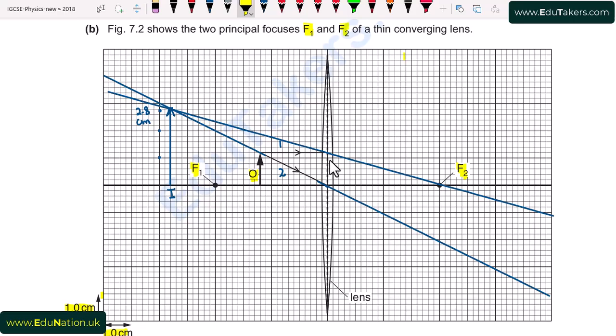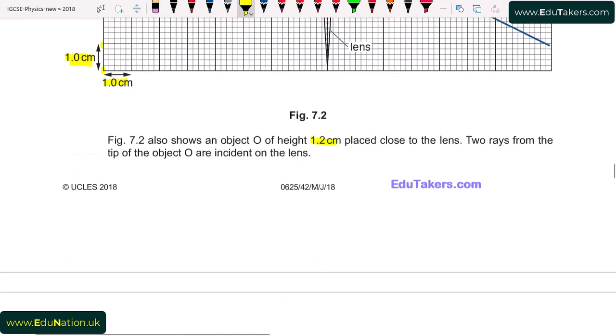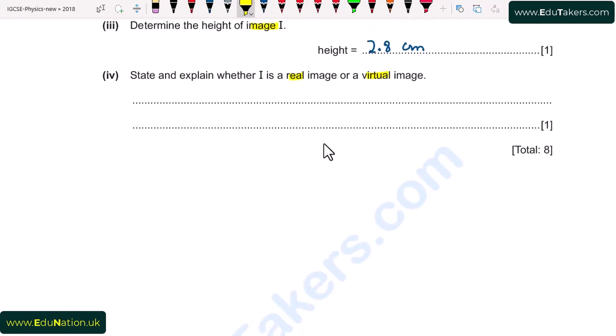It means that the image cannot be projected on a screen. So this image is virtual. So I write here virtual because it cannot be projected.